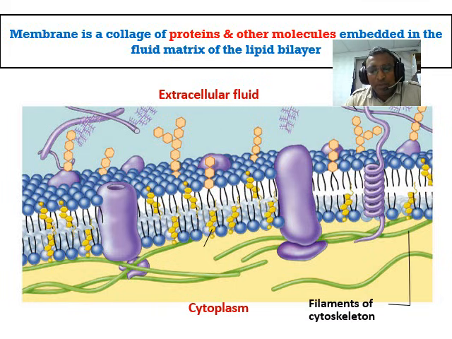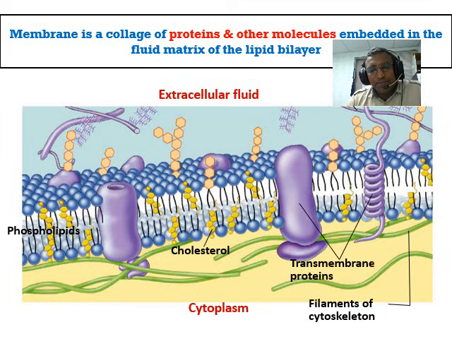You have the filament that communicates from inside the cell to the outside of the cell, and phospholipids. You also have cholesterol. Cholesterol helps in terms of the fluidity of the lipid bilayer, which we will see in another slide.